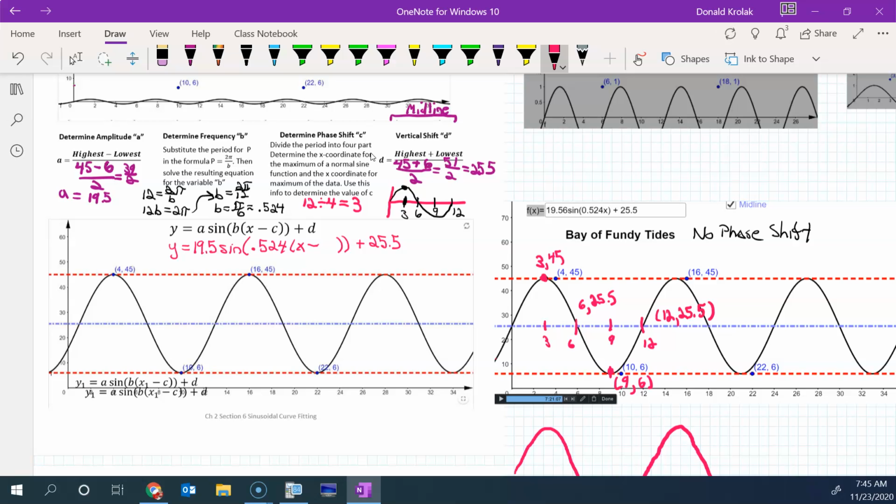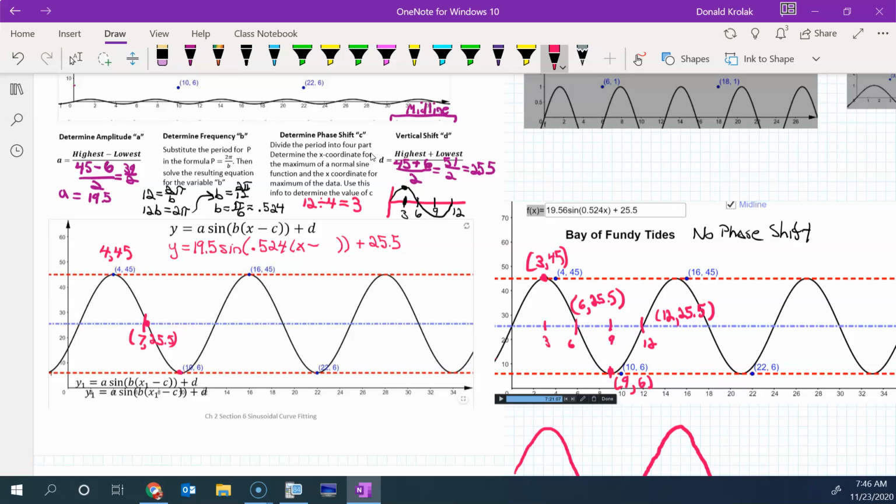Now if we take these coordinates, we want to match them to these coordinates. This one is 4, 45. Halfway between 4 and 10 is 7, so that's 7, 25.5.